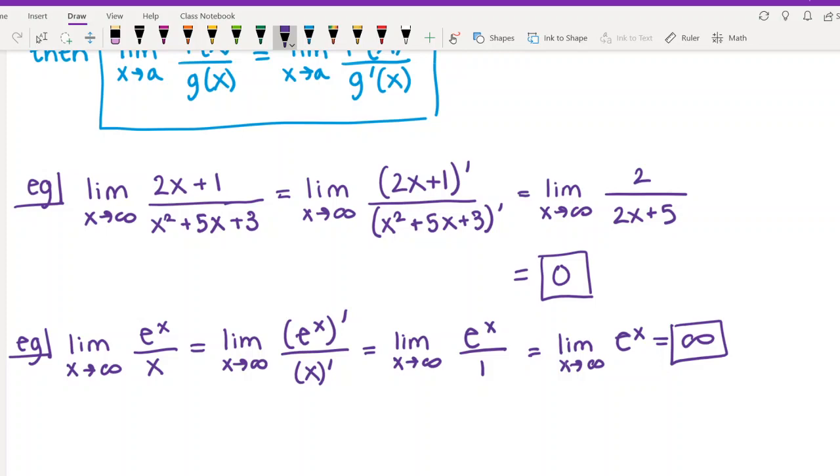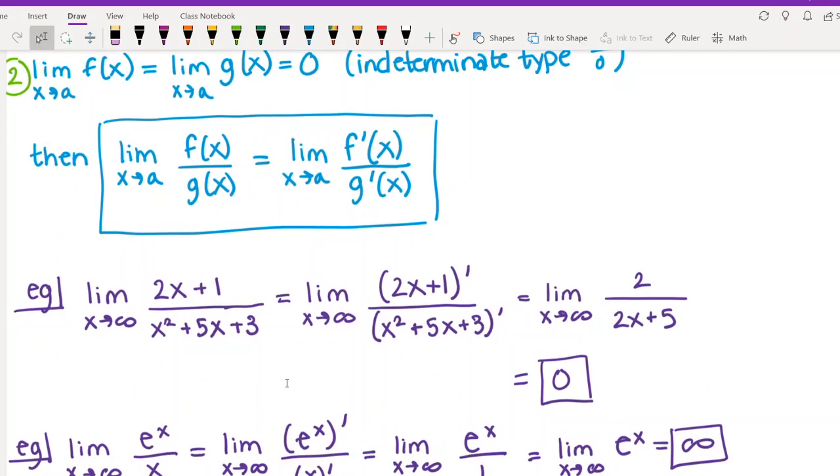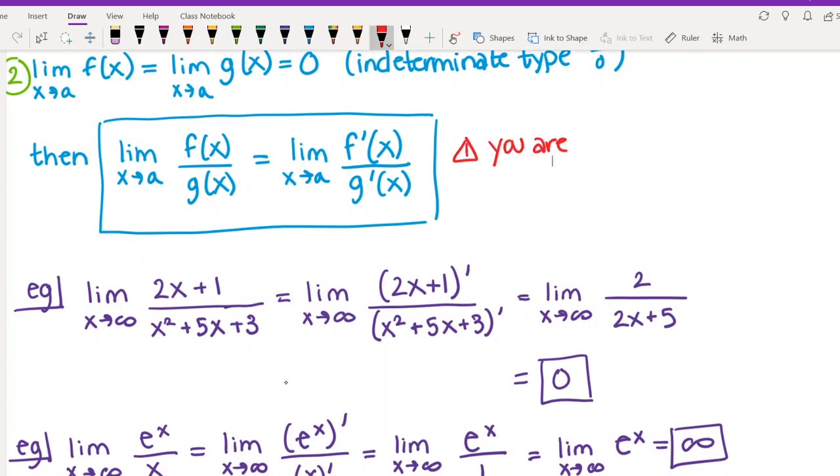One thing I want to point out is that when you're using L'Hopital's rule, you are not doing the quotient rule. This is totally different. You're not taking the derivative of the whole function. You're taking the derivatives of the numerator and denominator separately.